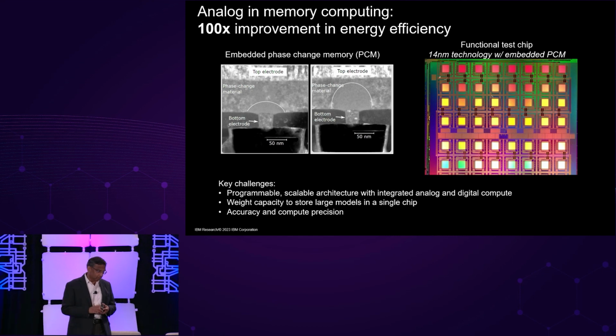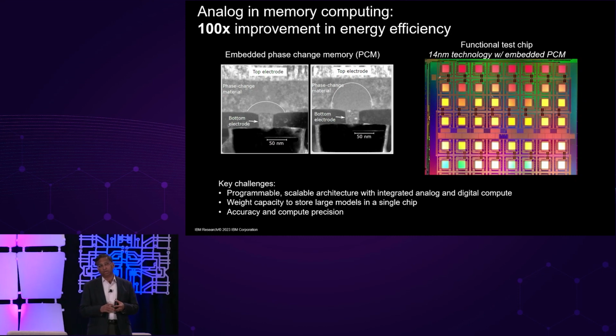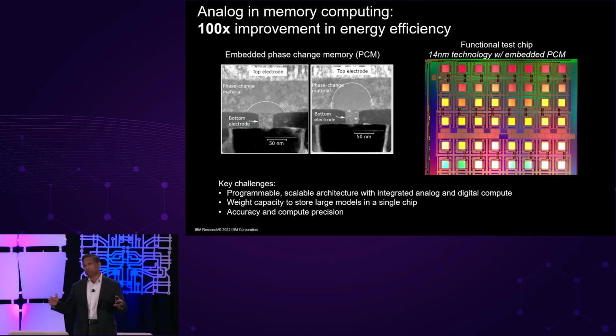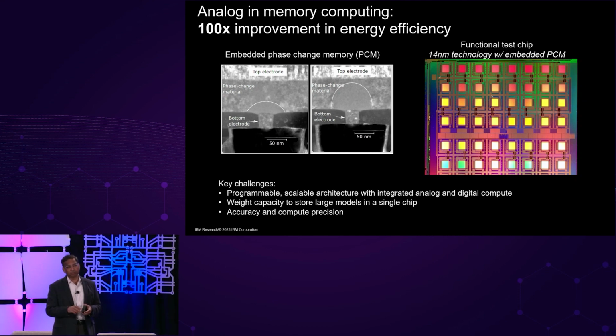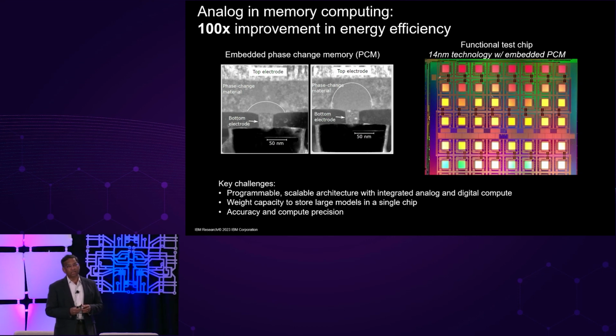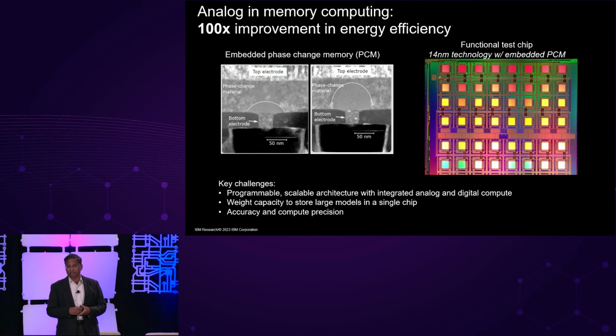And on the right-hand side, this is the first time ever in the industry where we were able to show full integration of a full chip using analog memory computing, in this case essentially using PCM as the element to store different weights, and being able to develop an algorithm which is aware of the chip design itself. It's fully integrated in 14 nanometer technology.